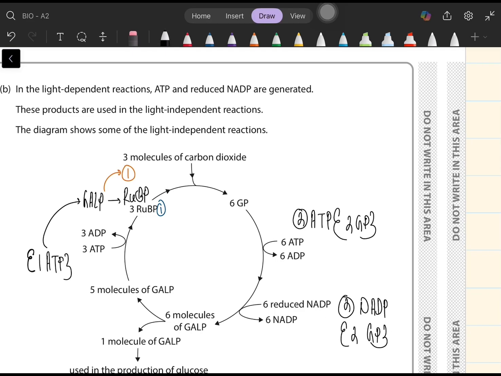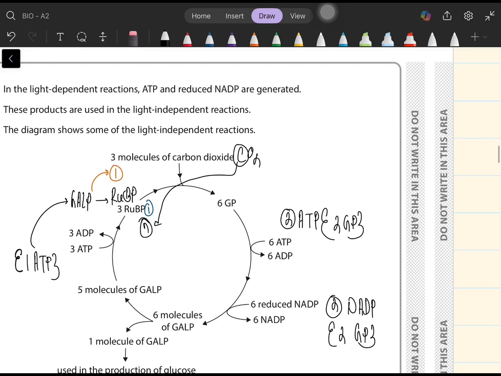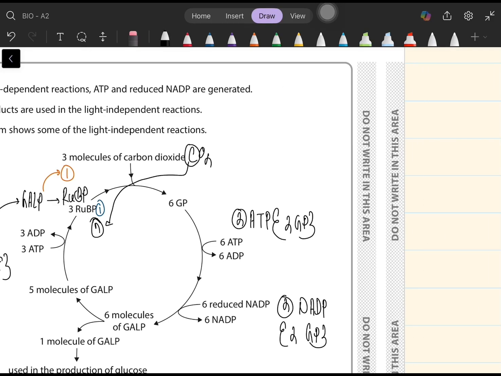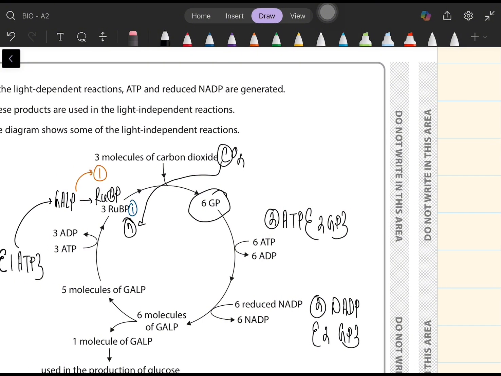So RuBP is a 5 carbon compound that combines with the carbon from the atmosphere to form a 6 carbon compound, right? And the 6 carbon compound is then converted into glycerate 3 phosphate, which is a 3 carbon compound.